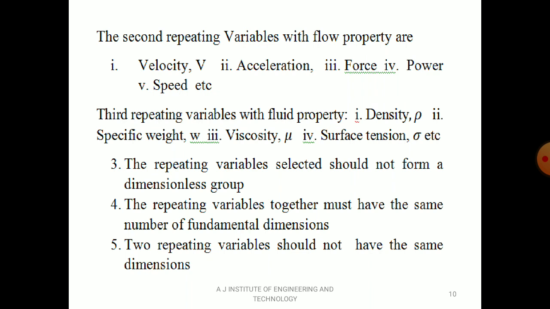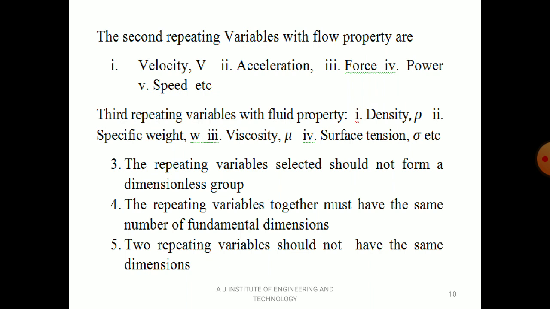Next, fourth one, the repeating variables together must have the same number of fundamental dimensions as the problem, that is m, l and t. So the repeating variables should have at least one parameter with m, a second one with l, and a third one with t. So that's the meaning of this sentence.